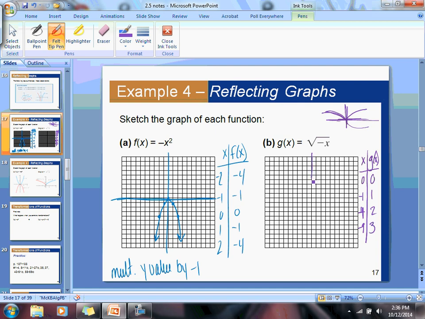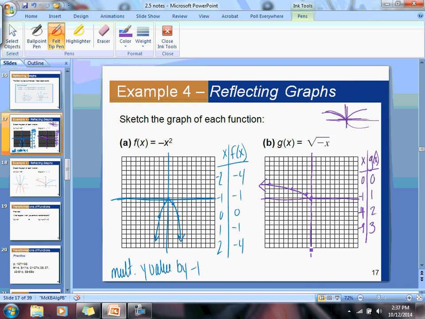So now when I graph, I highlight my axes here. Okay, so I'm still starting at 0, 0, but then I'm going to go -1, 1, -4, 2, -9, 3. So this graph then reflected across the y-axis.